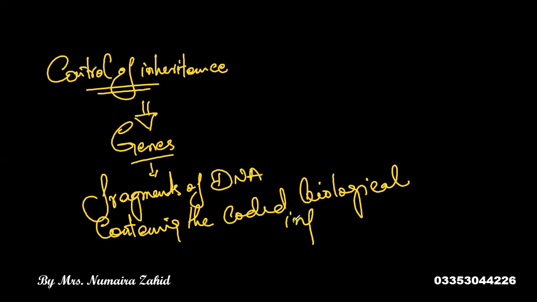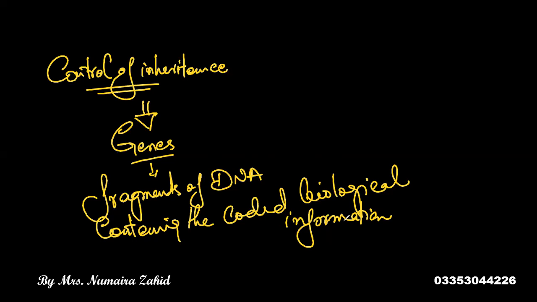All right. This biological information is passed to the offsprings through gametes, which are the sex cells. And you have also received your genes from your parents. They have received their genes from their parents. Thus, you and your brothers and sisters share many genes of your parents and even your grandparents.